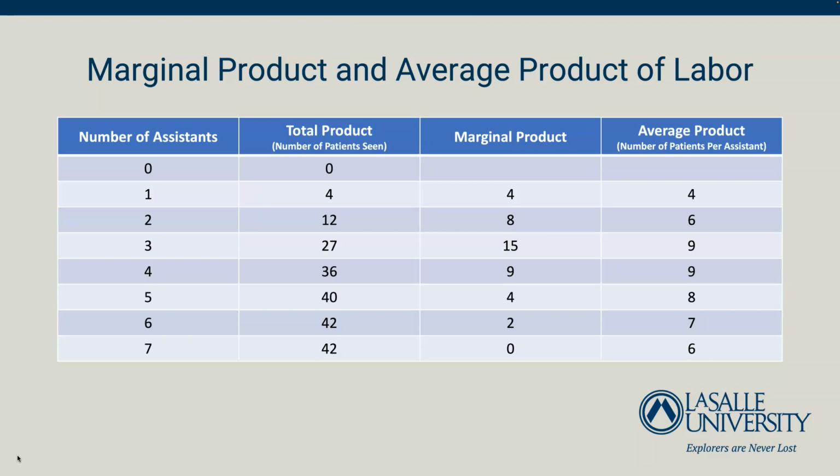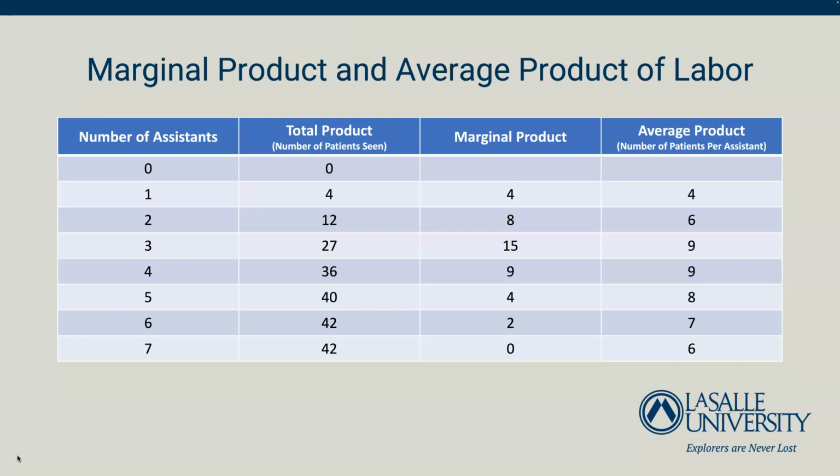So if you don't have any assistants, you might not be able to see any patients, but that first assistant will allow you to see at least 4 patients. Having 2 assistants will allow you to see 12 patients, and so on. So the marginal product is the change in total product associated with an additional assistant being hired.